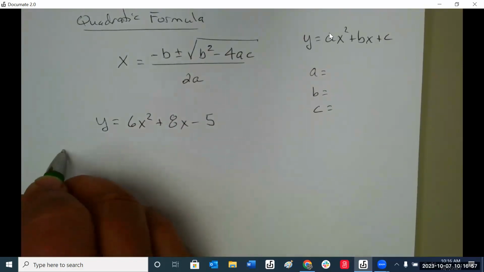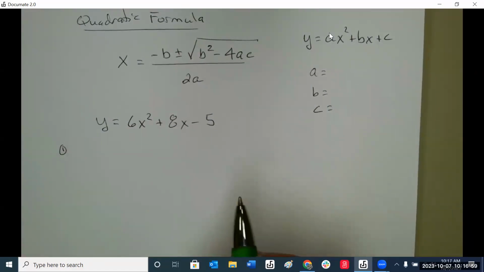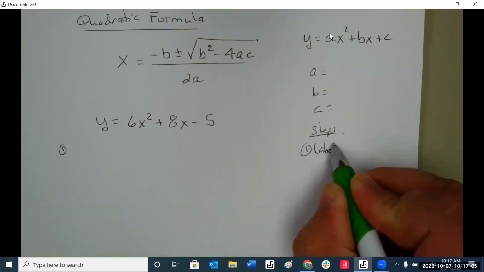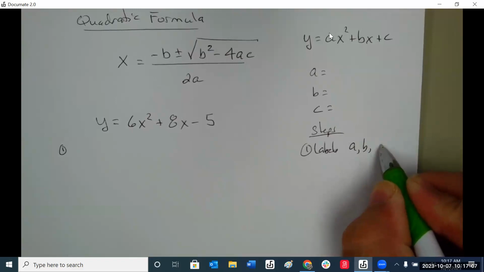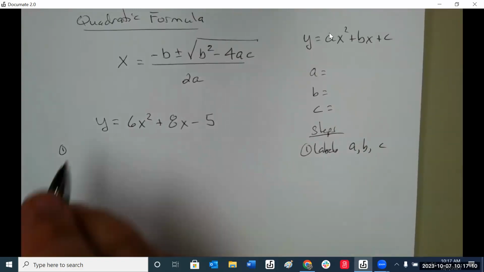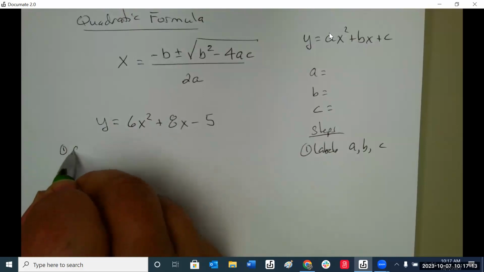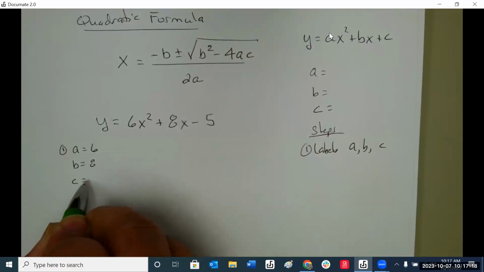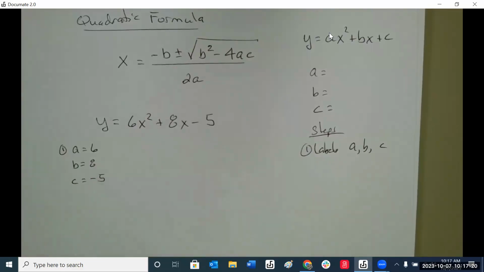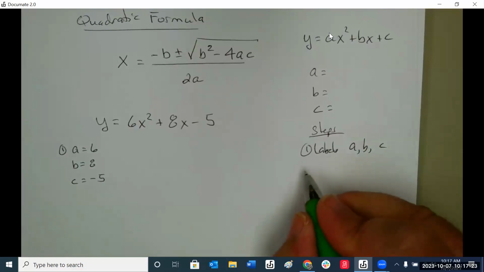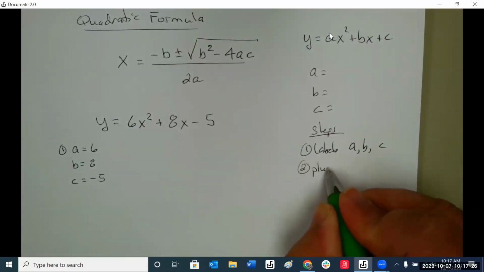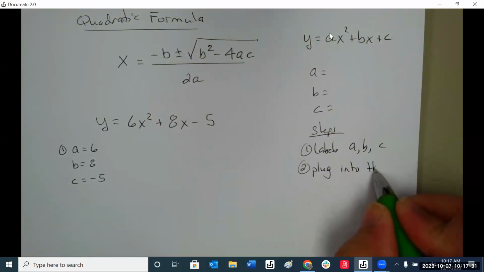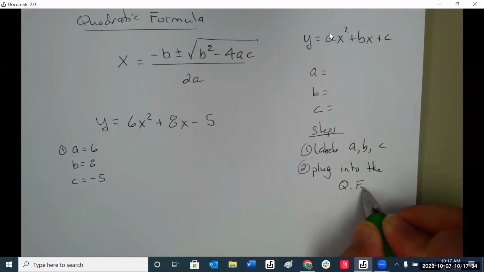So the first thing you would do, here, I'll put the steps. Label A, B, C. So A is equal to 6, B is 8, and C is negative 5. Plug into the quadratic formula.